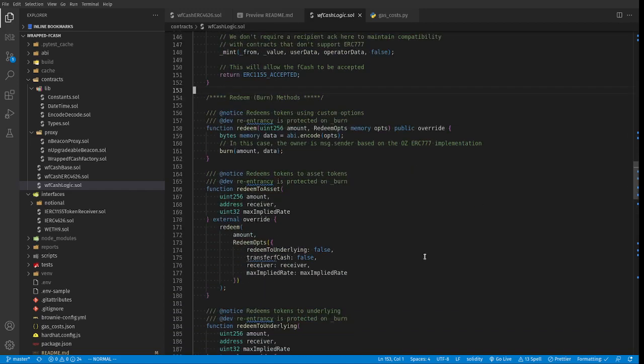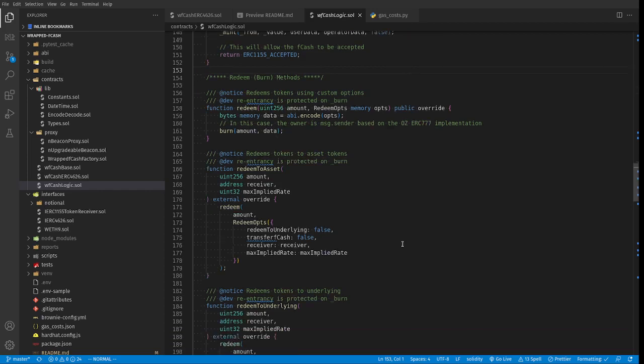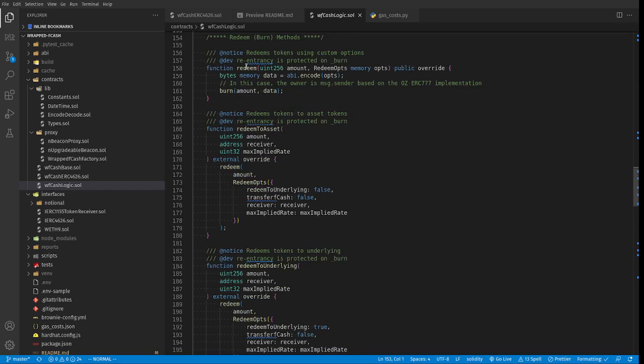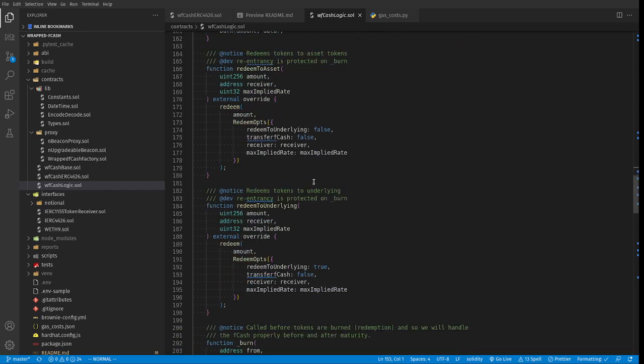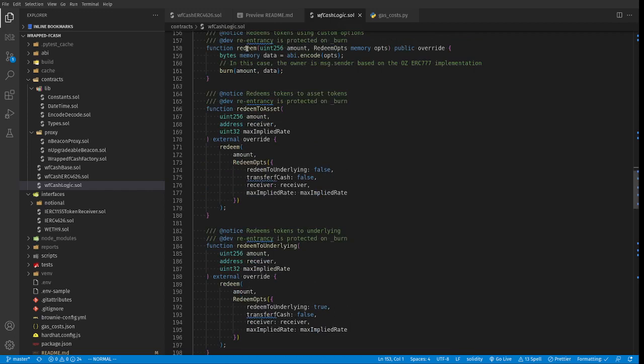Redemption, in other terms, is burning these wrapped fCash tokens. So we'll be reducing the total supply of wrapped fCash tokens and deleting your balance. There's a couple of methods here, and there's this more raw method of natively redeeming.